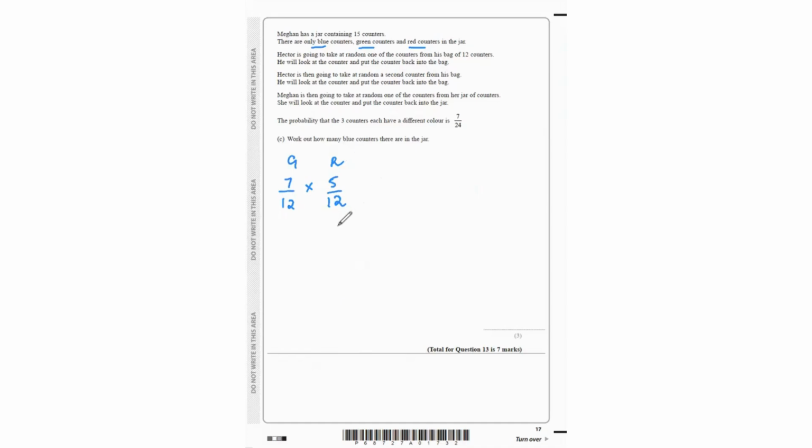So which means there are 2 possibilities. He can either have red first or green first or vice versa. So that means there are 2 possibilities for Hector to get a different color each time. So if we simplify this, that's 70 over 144.